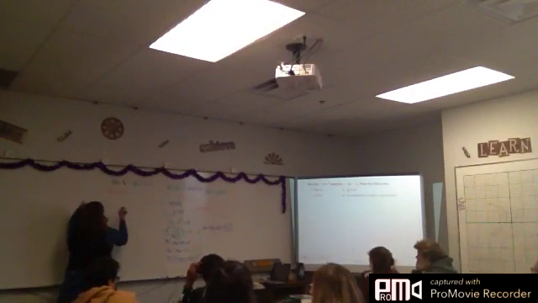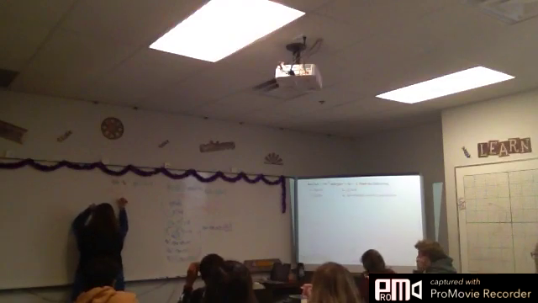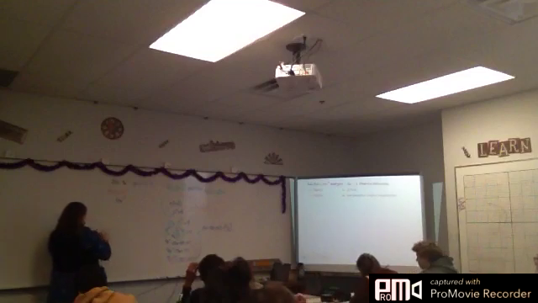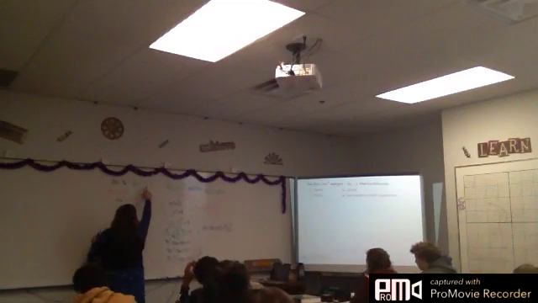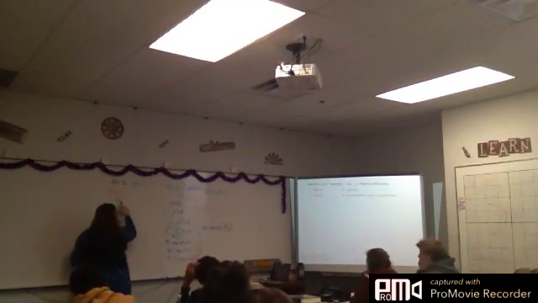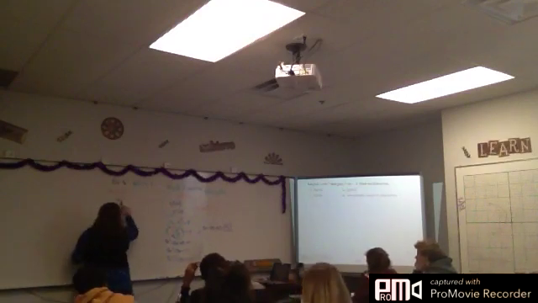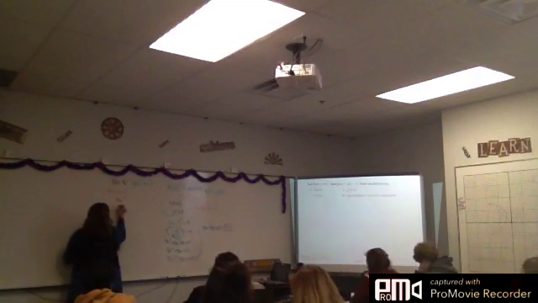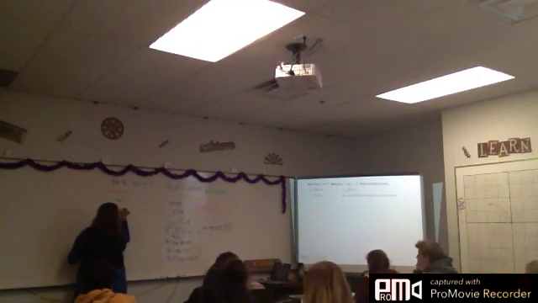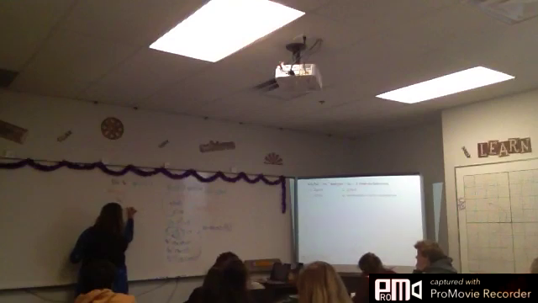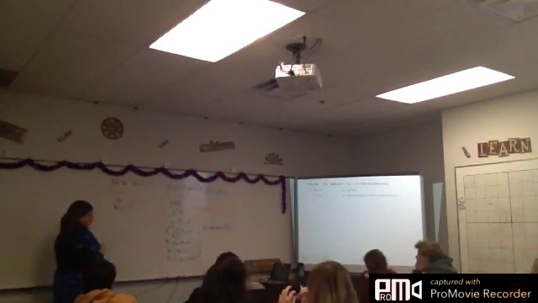So I start with my f of x function, 4x to the negative 1. I am taking this function and plugging it into the x spot. Okay? So that you have 4 times 5x minus 2 to the negative 1.